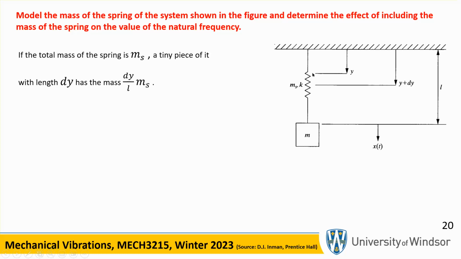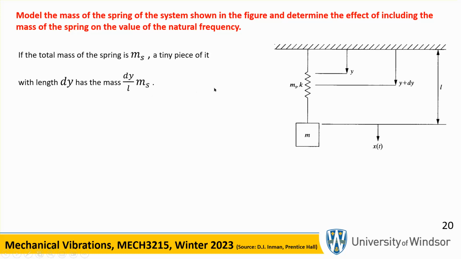If you look at the mass of this, it's a portion of the mass of the spring, which has to do with dy over total length. The total length of the spring is L, and dy is just that piece. The mass of this little piece is actually a portion of that, dy over L times ms. So that piece has this mass.